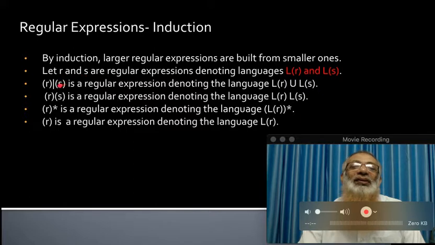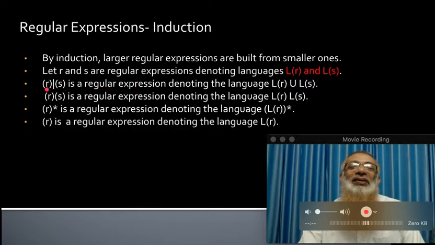First thing is this OR operator, R or S. This is a regular expression.